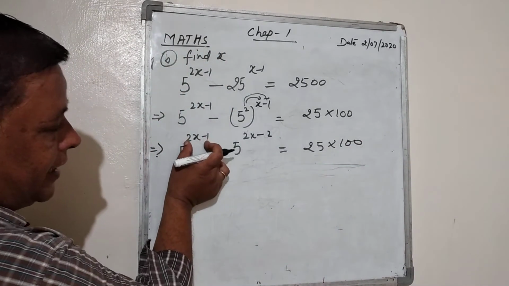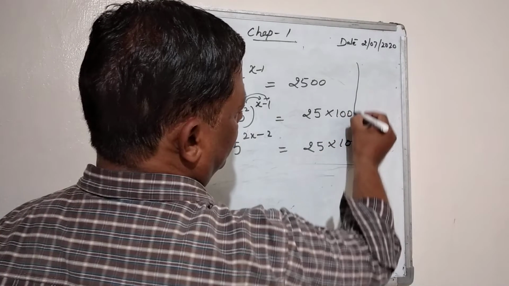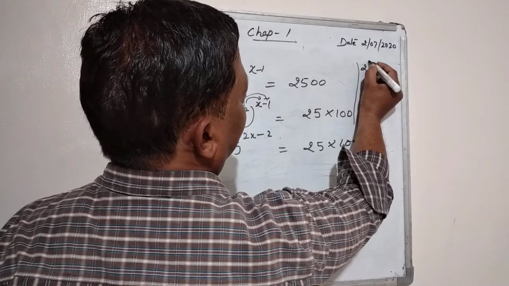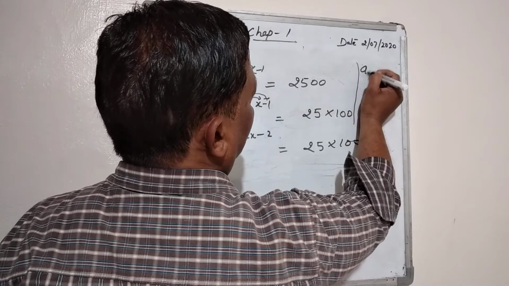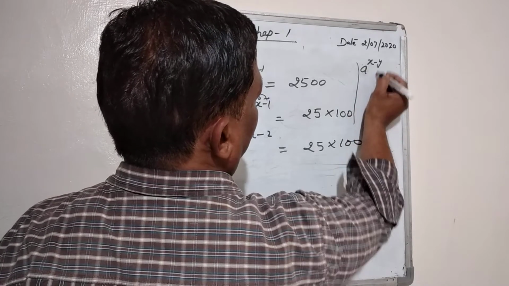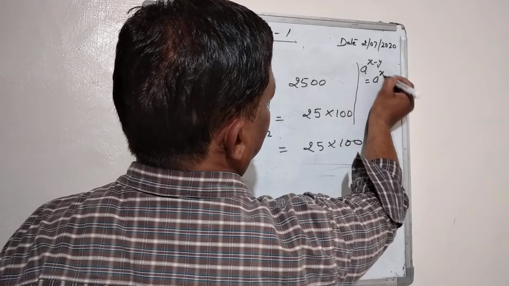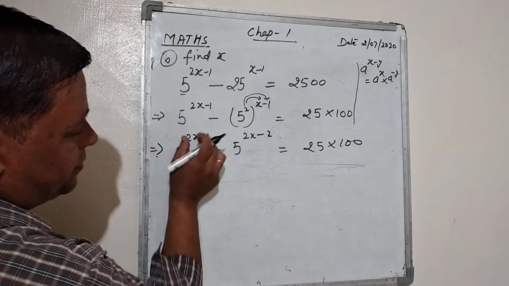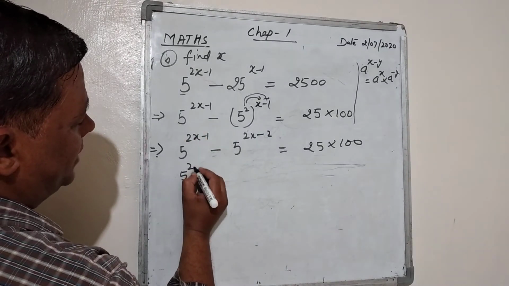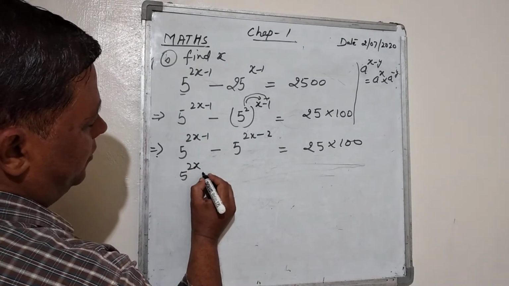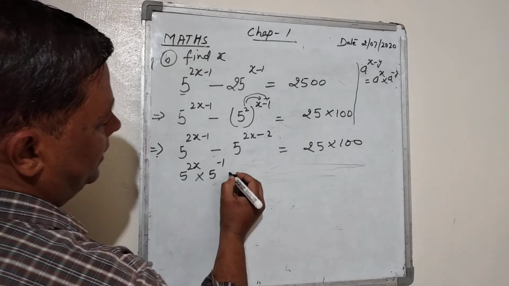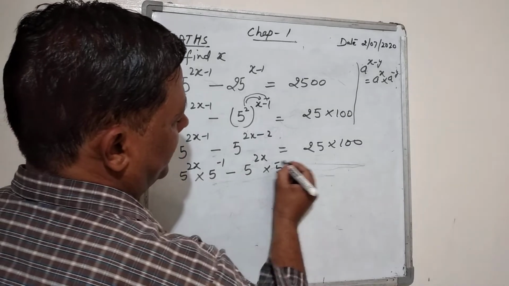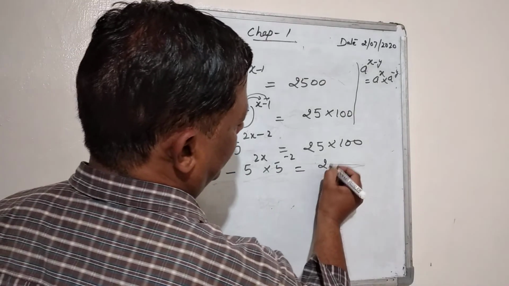Now we factorize this part. As we know, a raised to the power x minus y is a raised to the power x into a raised to the power minus y. So here we expand this part. So 5 raised to the power 2x into 5 raised to the power minus 1 minus 5 raised to the power 2x into 5 raised to the power minus 2 equals 25 into 100.